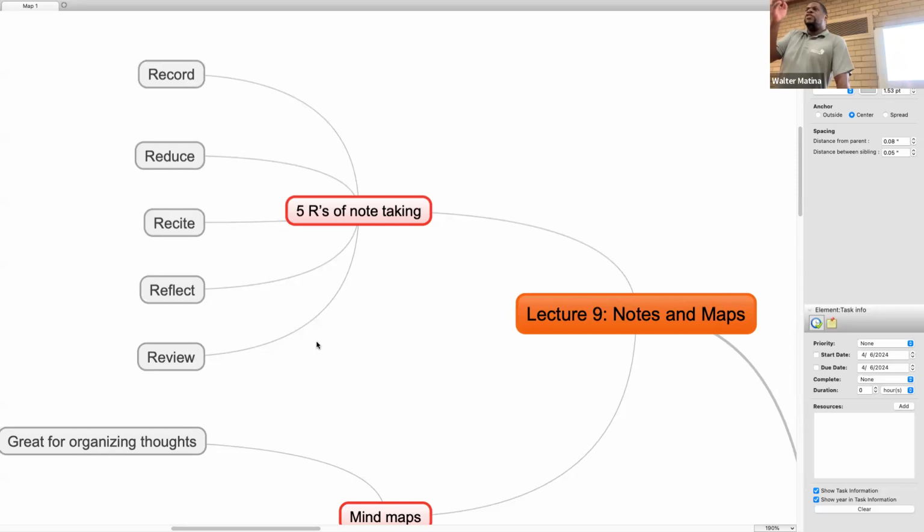Meaning that reading on its own is not enough. So if you just read and read and read and you don't write anything down in terms of what you have understood, you are actually stealing from yourself, because you've used up that much time only to get about 20% of what you have read.